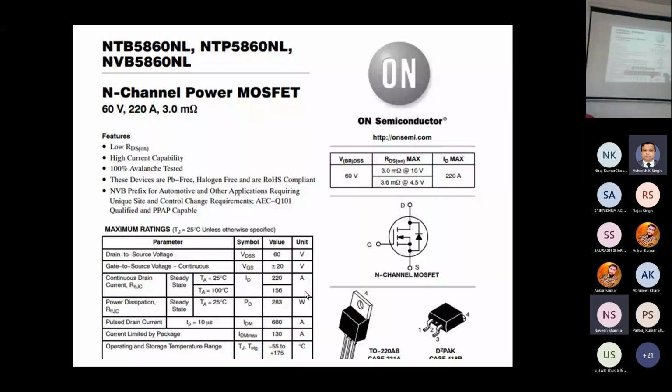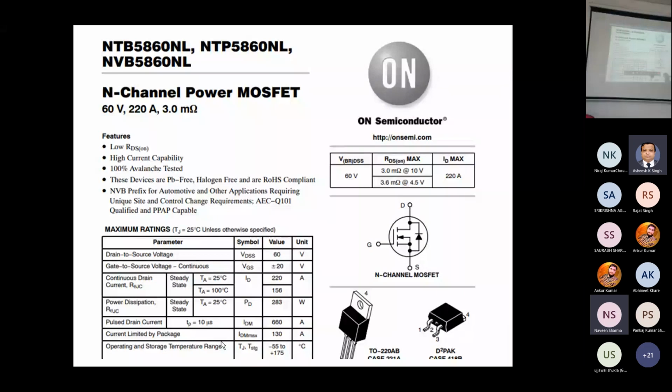Power dissipation at 25 degrees is 283 watt. And for pulse drain current, if 660 ampere passes for 10 microsecond, the device will not deteriorate. However, if it increases in time or in magnitude, then the device can deteriorate.